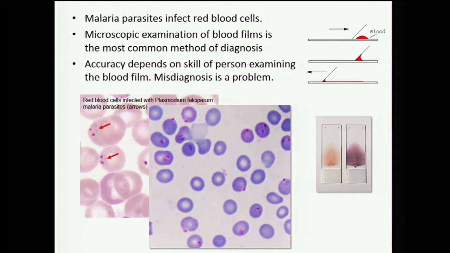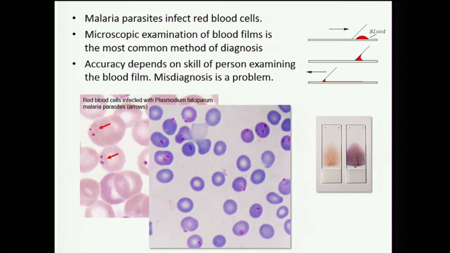So what is typically done here is a blood smear is produced by taking a drop of blood, then spreading it across a slide, and this slide looks then like this. This slide is stained so that the parasites appear in a specific color and are easily distinguishable or noticeable under a microscope.